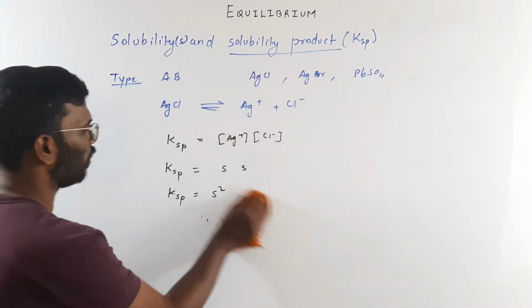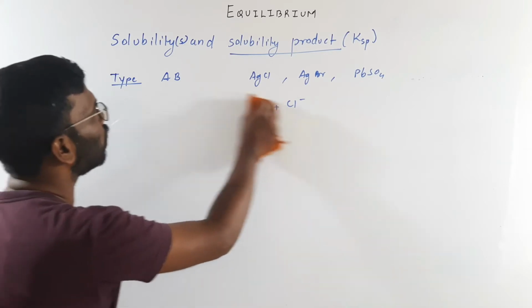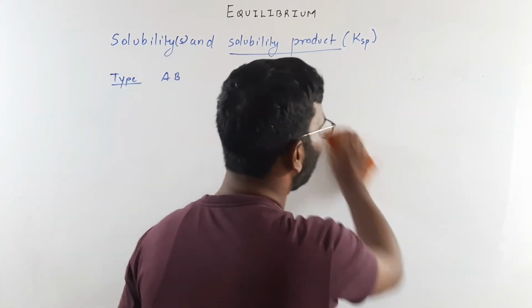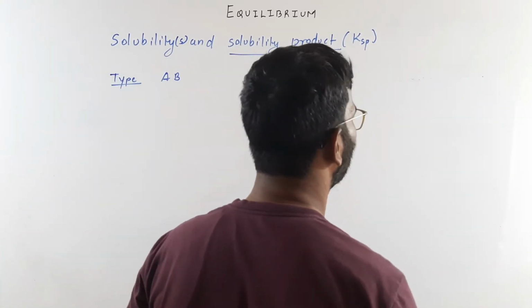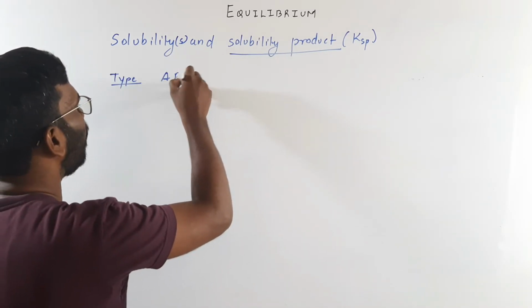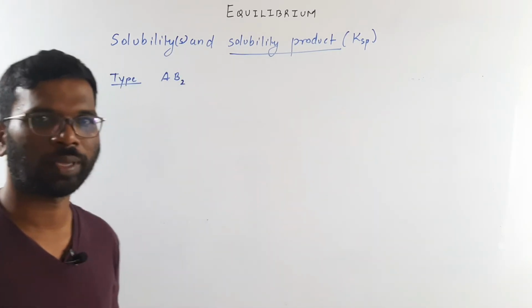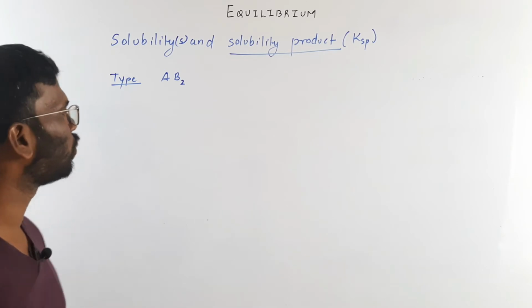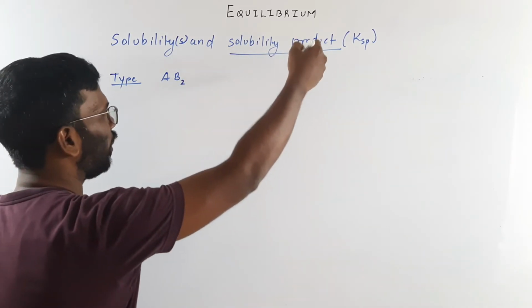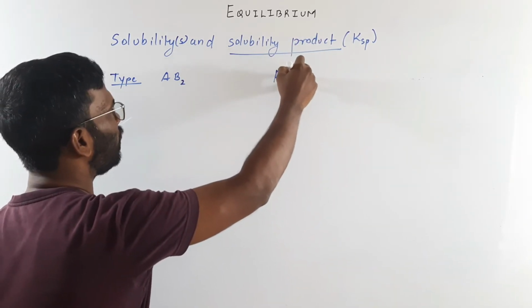Now the next type is AB2 type. Over here the compounds will be like PbCl2.